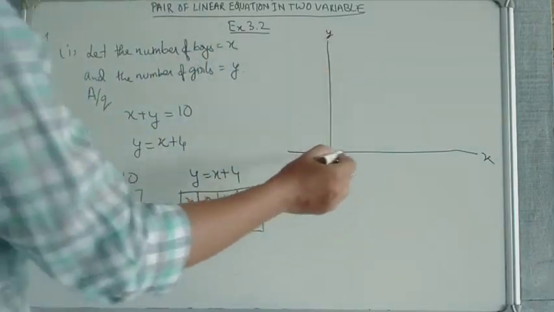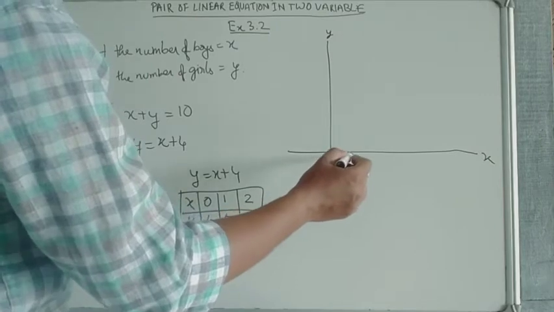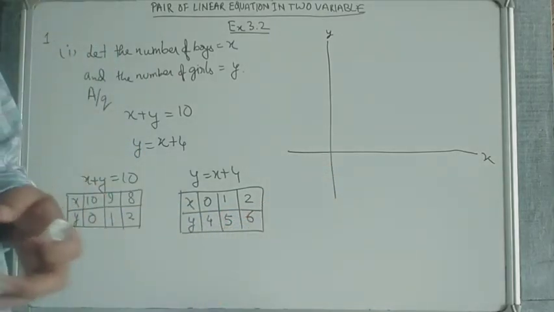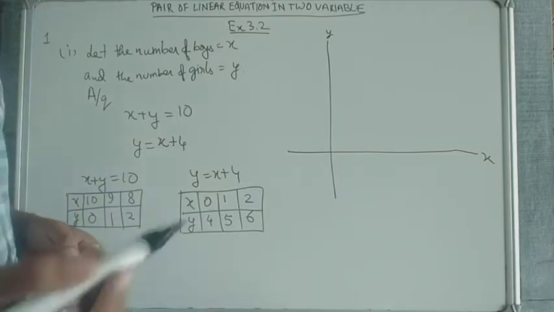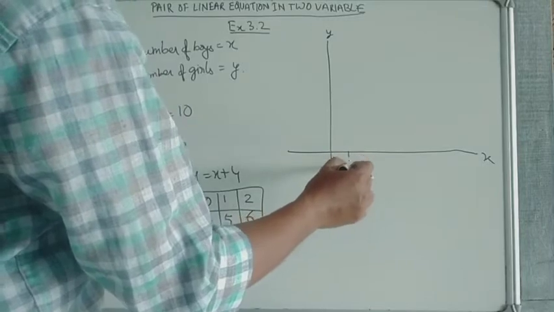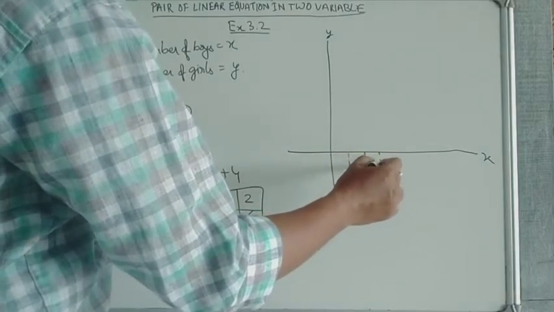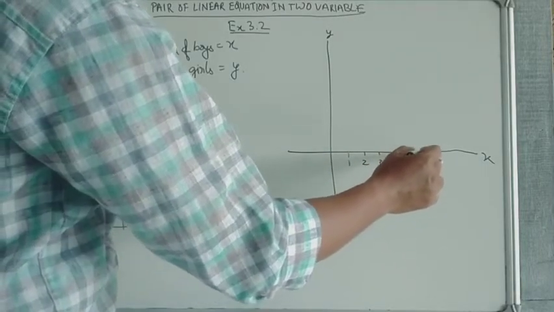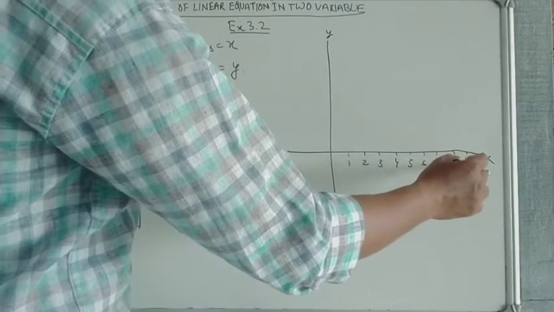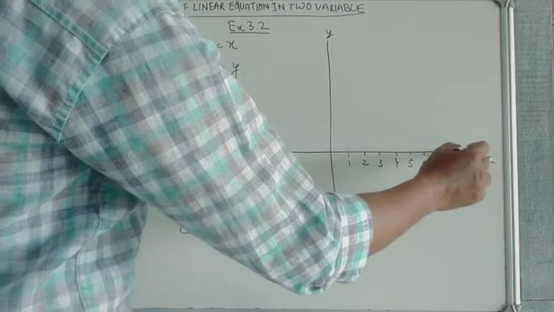Now we have to get 10, so we'll have 10 equal pieces. You can take half a centimeter with the scale, so it will be easy. So 1, 2, 3, 4, 5, 6, 7, 8, 9, 10.